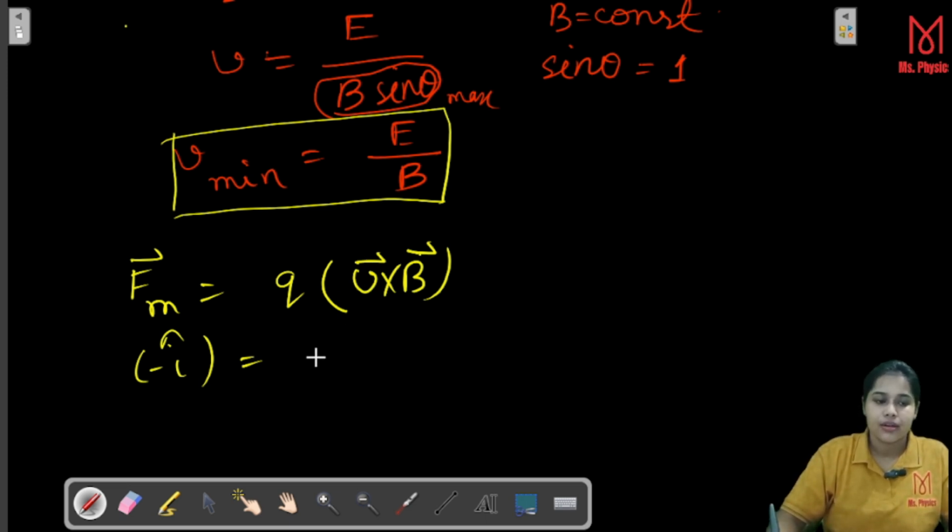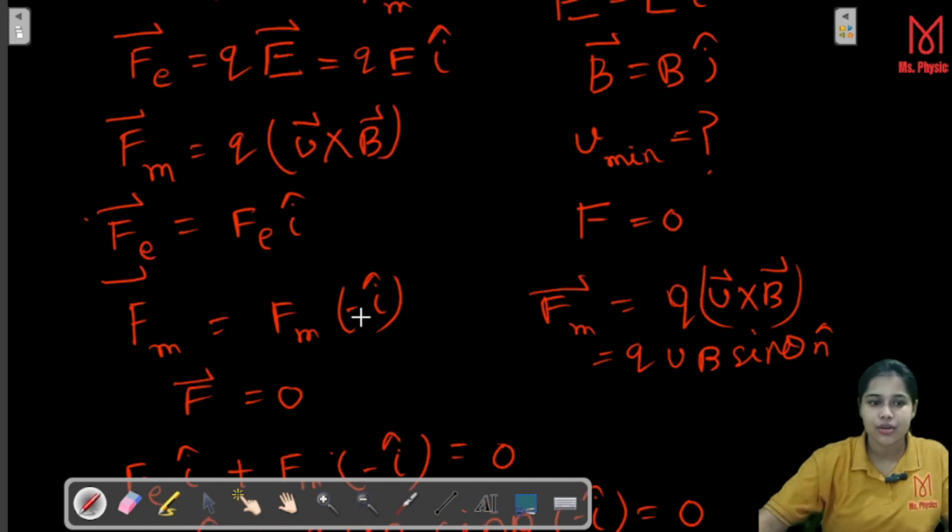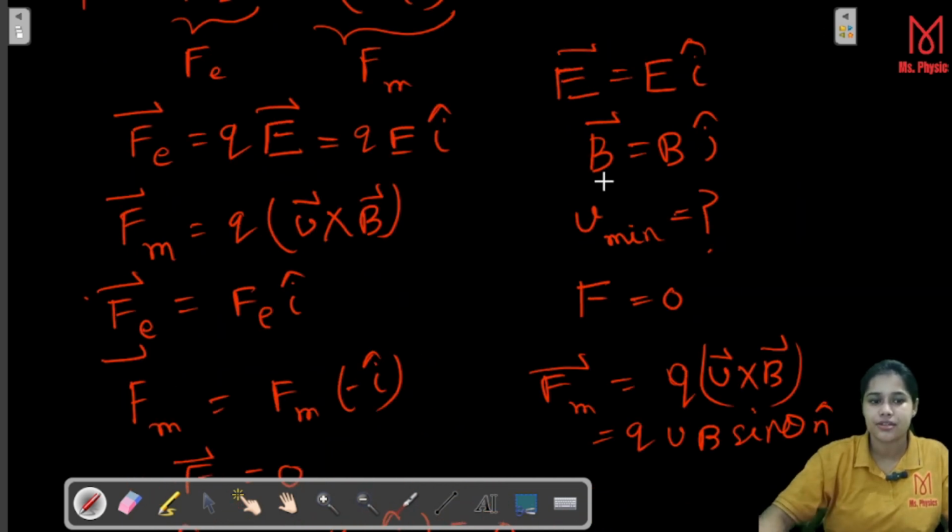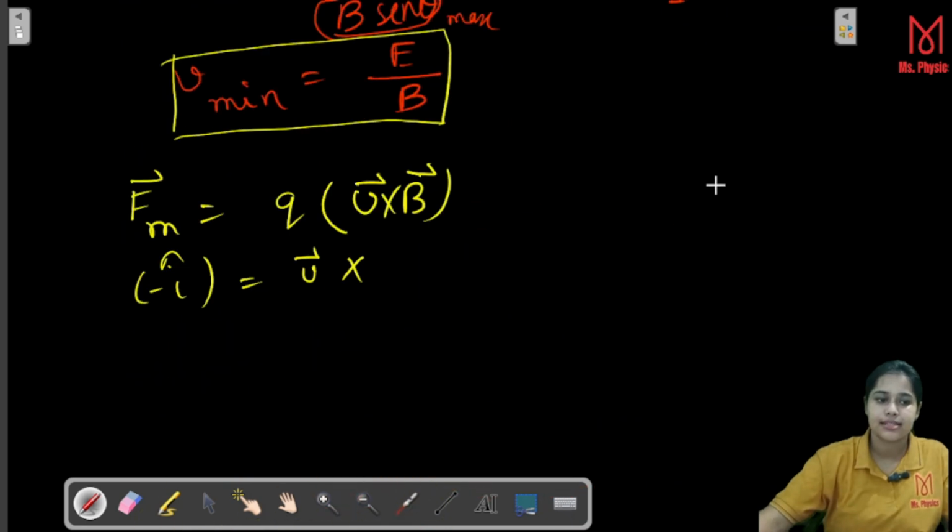Now V we don't know the direction of, so V cross B, the direction is given. You see the direction of B, initially we had written B is equal to B J cap. So to get minus I cap, what would be the direction of V?